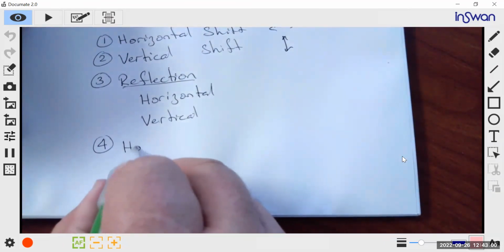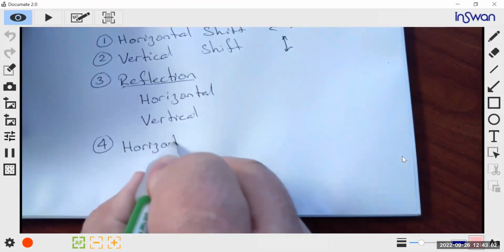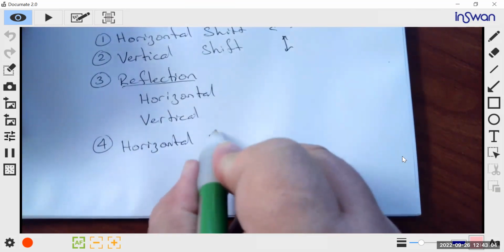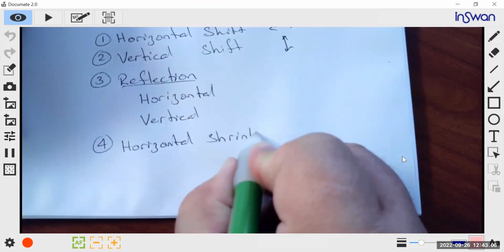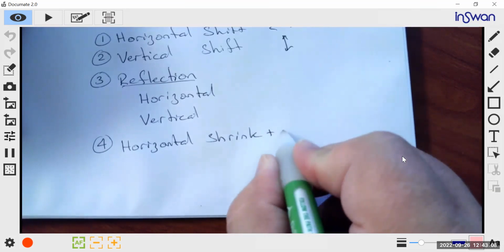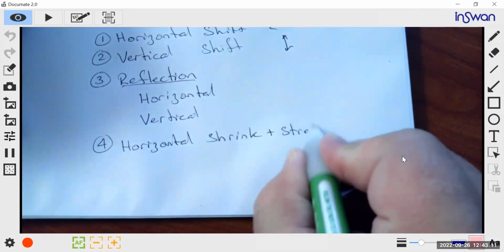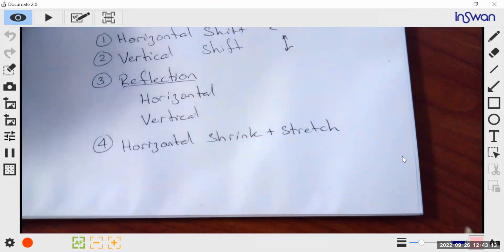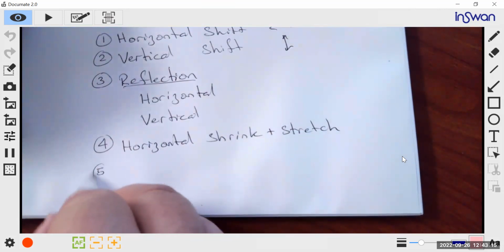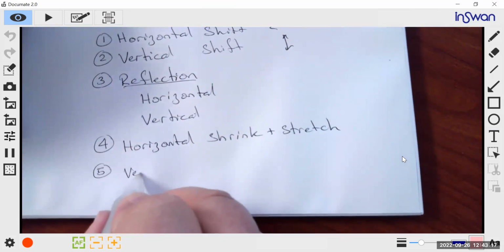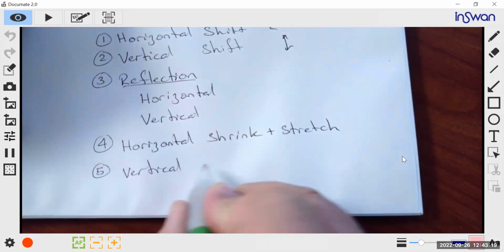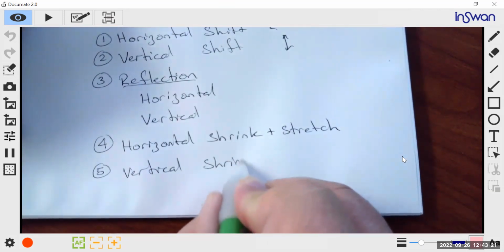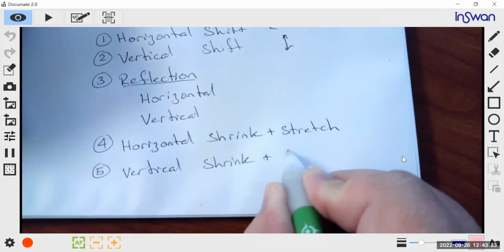And we have horizontal shrink and stretch. And we have a vertical shrink and stretch.